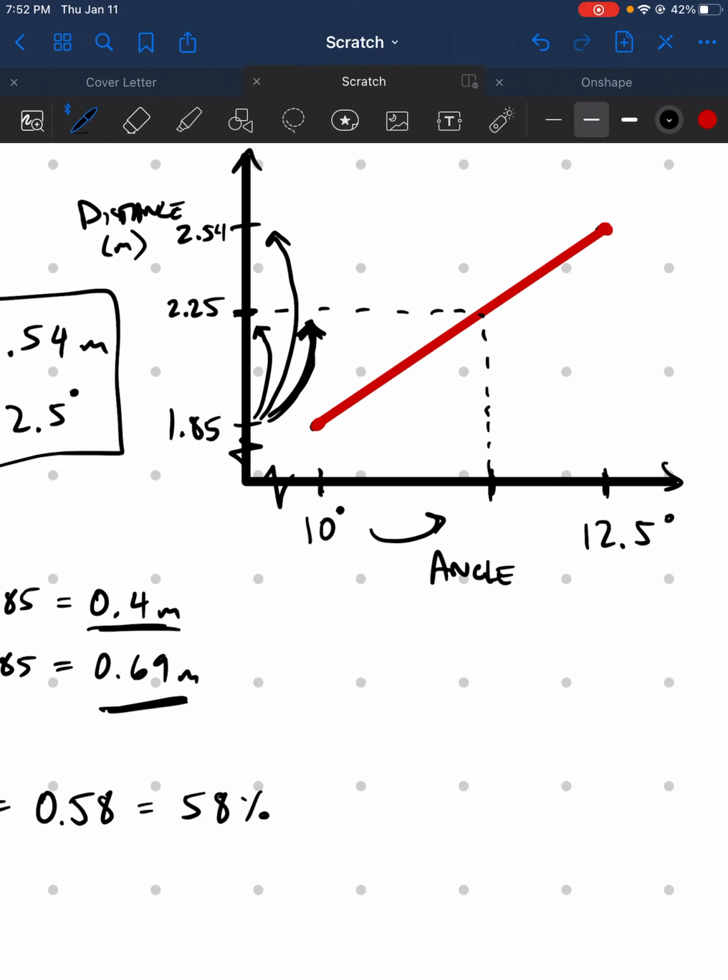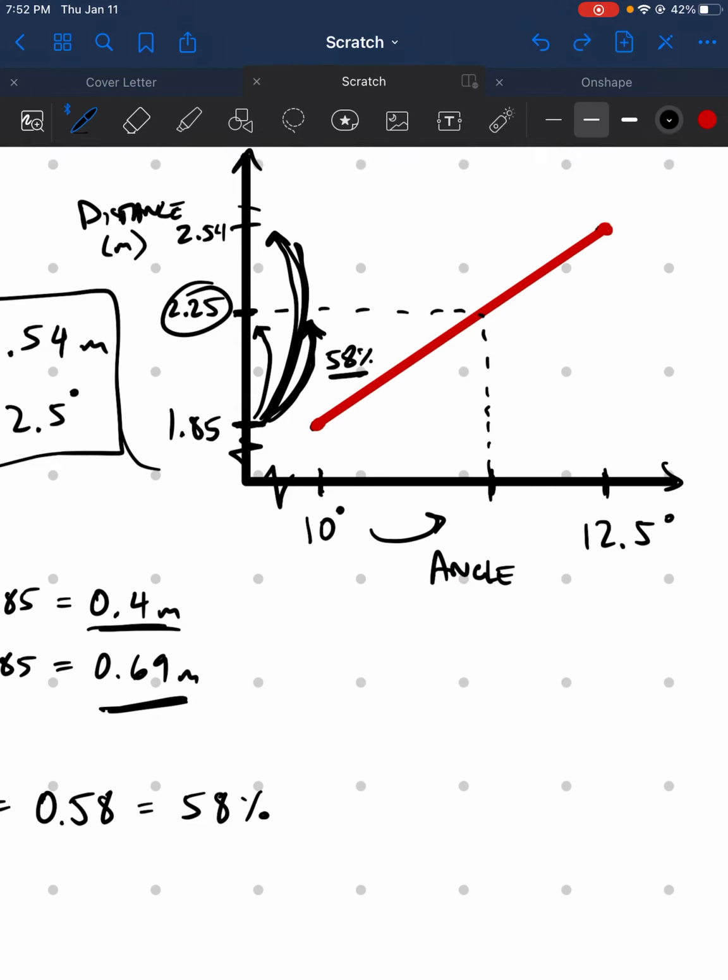And so we say that this 2.25 is 58% above this 1.85. Again, it's 58% of this whole thing, right? Without all three of these points, these numbers don't make sense. You can't say that.